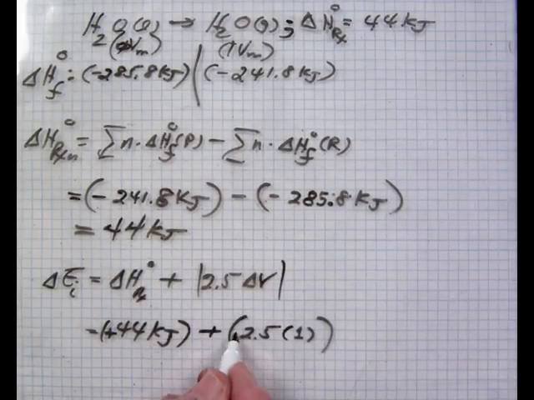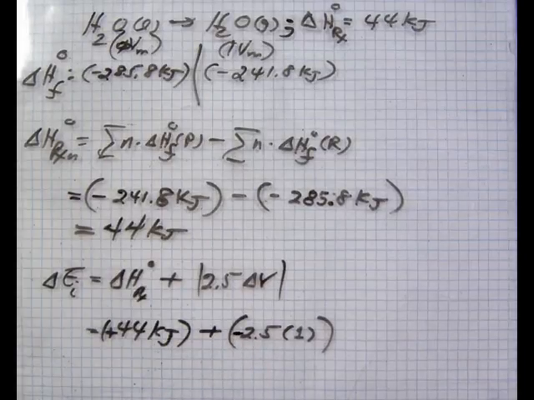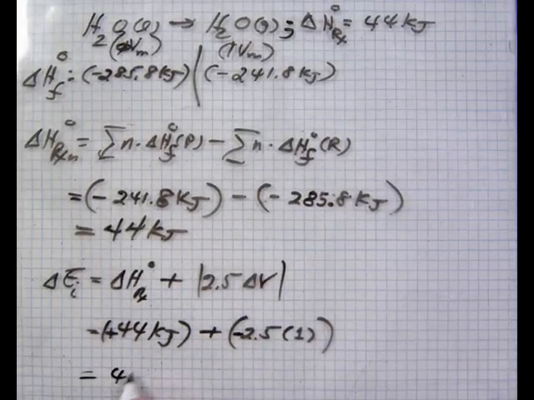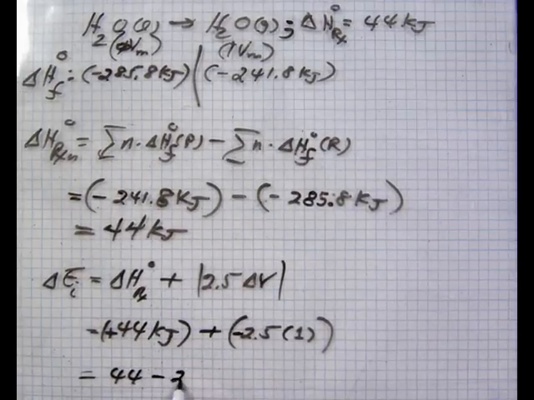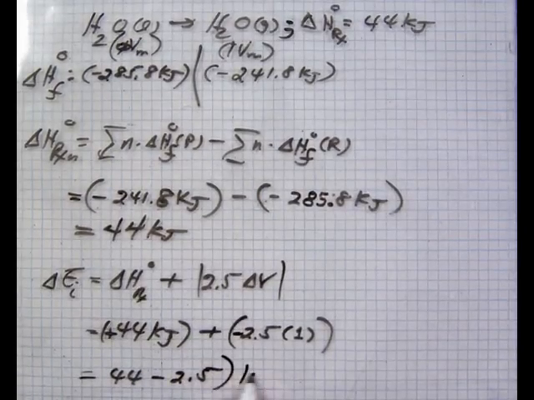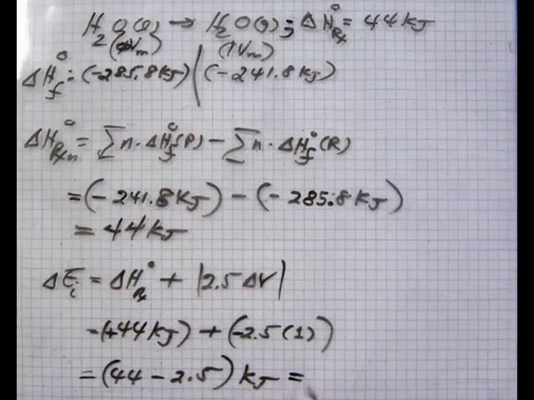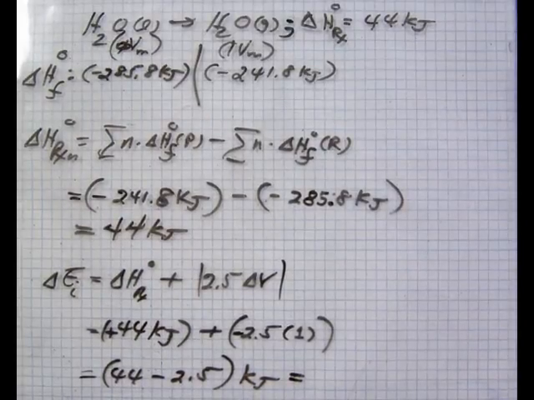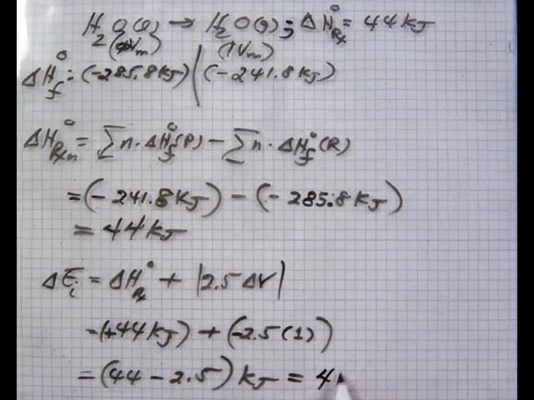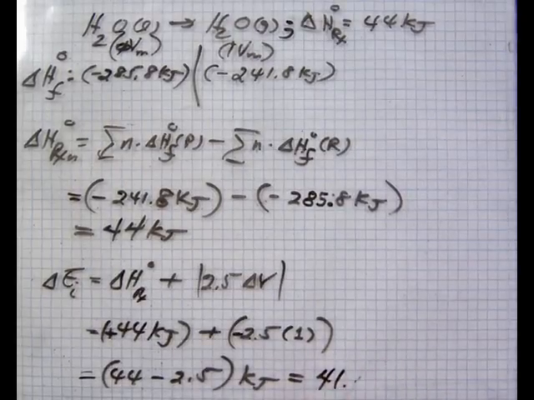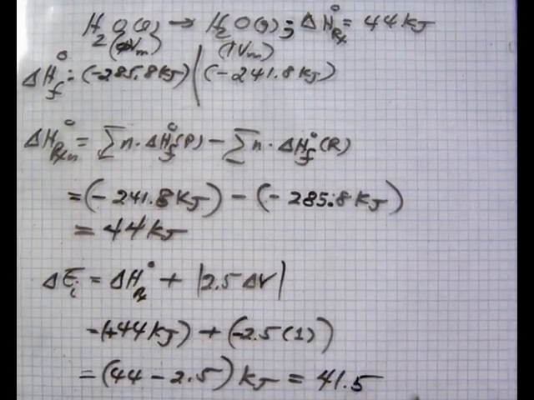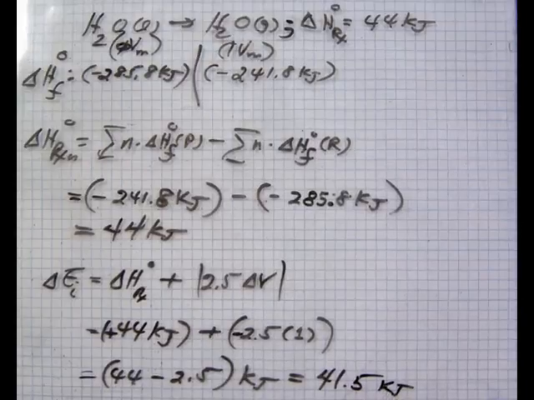Molecules are relaxing. So I'll get a little negative and just squeeze it in there. So now it's 44 minus 2.5. Everything's going to come out in kilojoules. And so the net change in internal energy is 41.5 kilojoules.